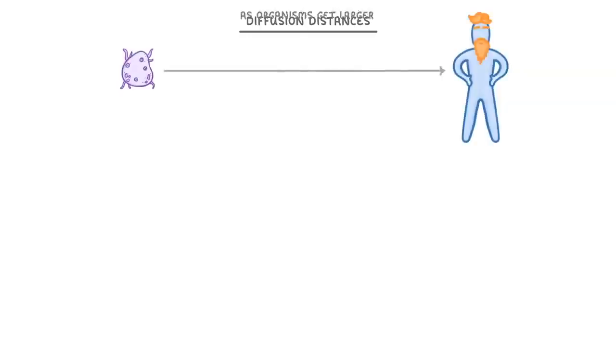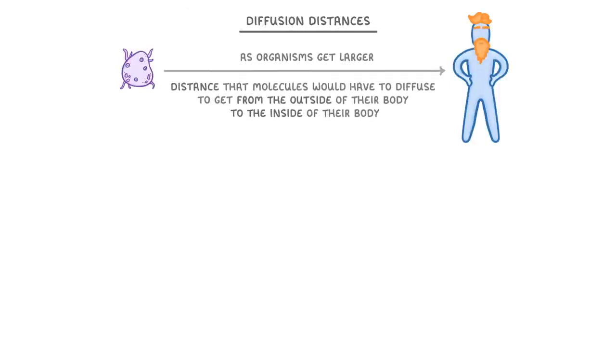Now, another important concept to bear in mind here is diffusion distances. As organisms get larger, the distance that molecules would have to diffuse to get from the outside of their body to the inside of their body increases massively.